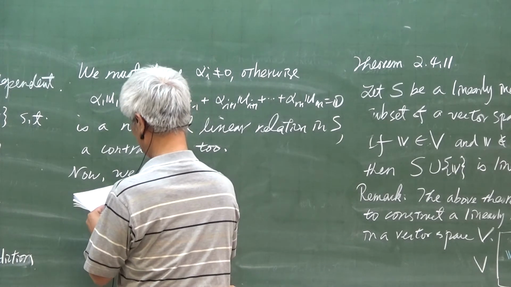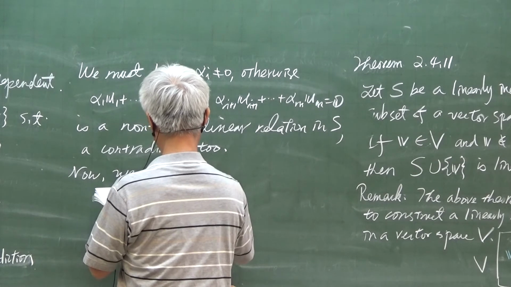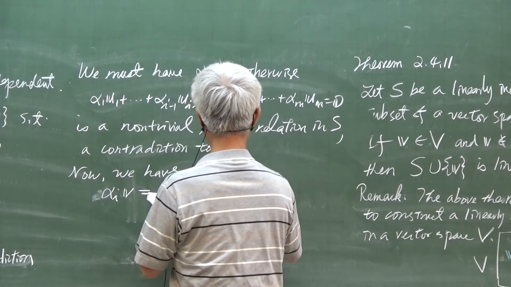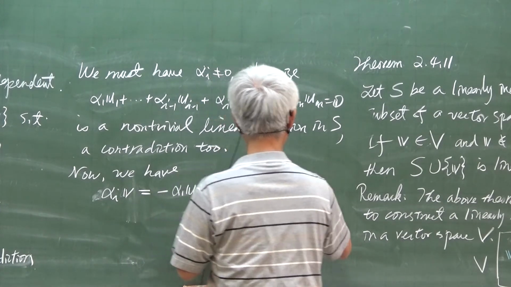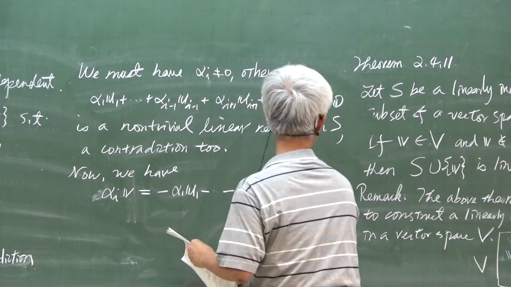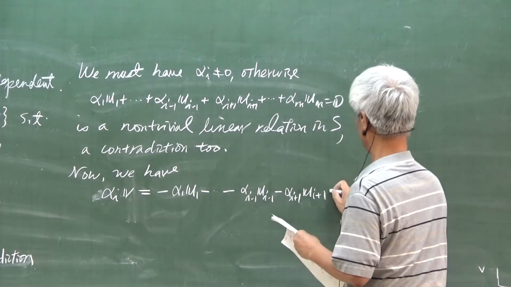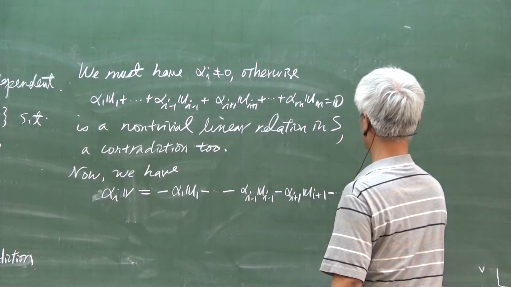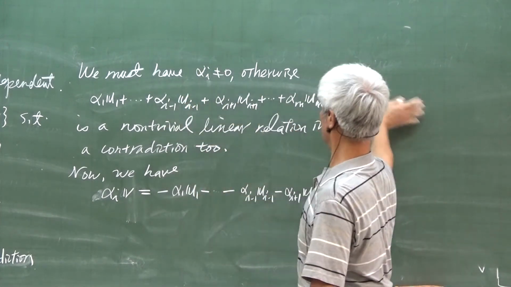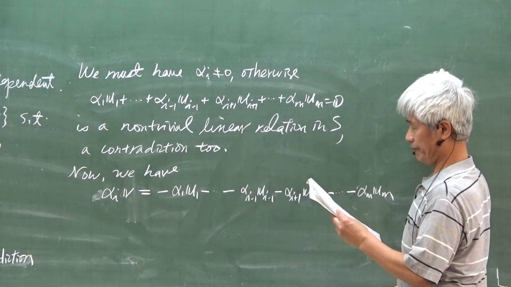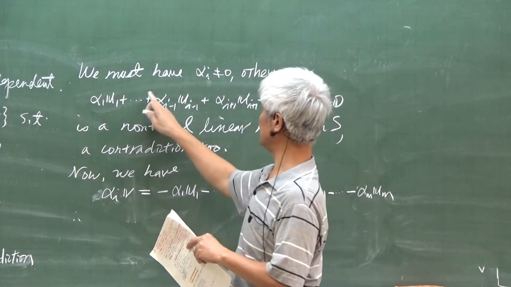So alpha i V is equal to minus alpha 1 u1 minus alpha i minus 1 ui minus 1 minus alpha i plus 1 ui plus 1 minus up to alpha m um. We move the other terms to the right-hand side, and divide both sides by alpha i because alpha i is non-zero.